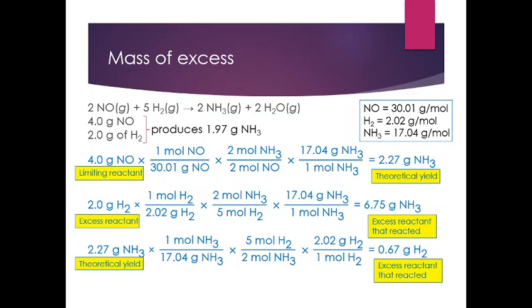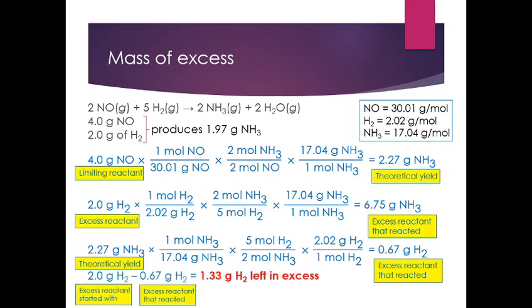Sorry, I messed that up earlier. So once you know the mass of the H2 that was actually used in the reaction, you can subtract it from the mass of the H2 that you began with, and it tells you that there's 1.33 grams of H2 left over inside of the reaction after everything has gone to completion.